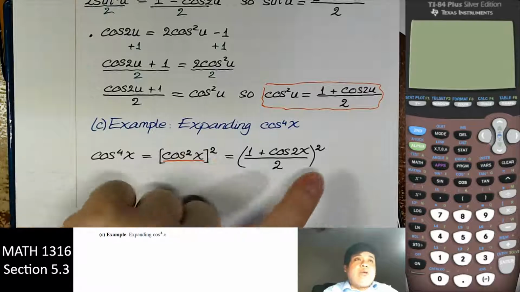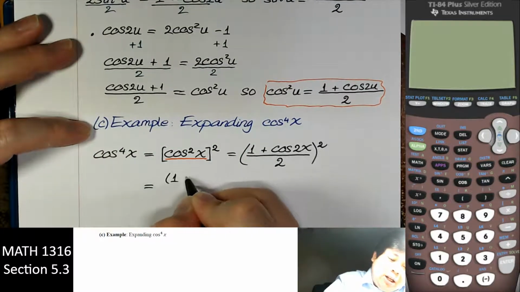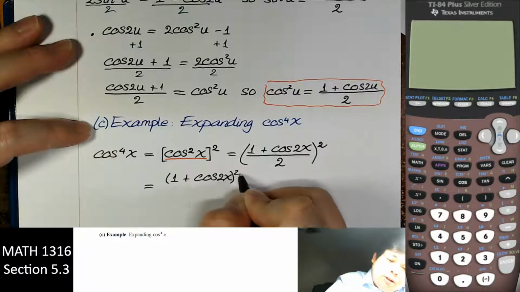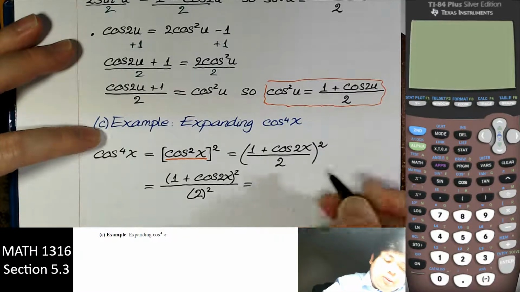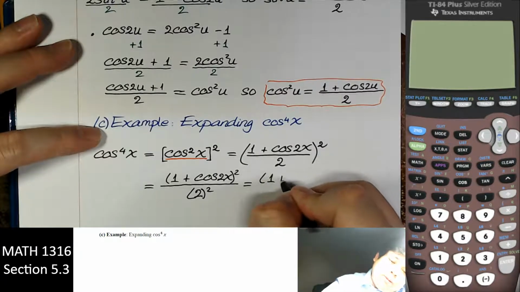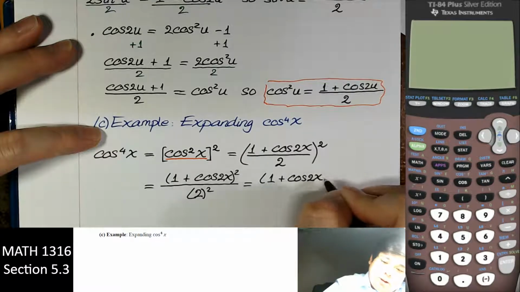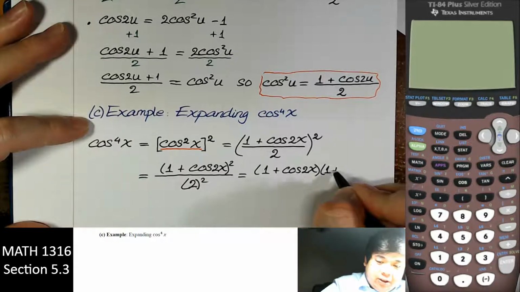And there's still a square outside. Right. A square here meaning that it goes to the top, goes to the bottom. And the square meaning multiply by itself.